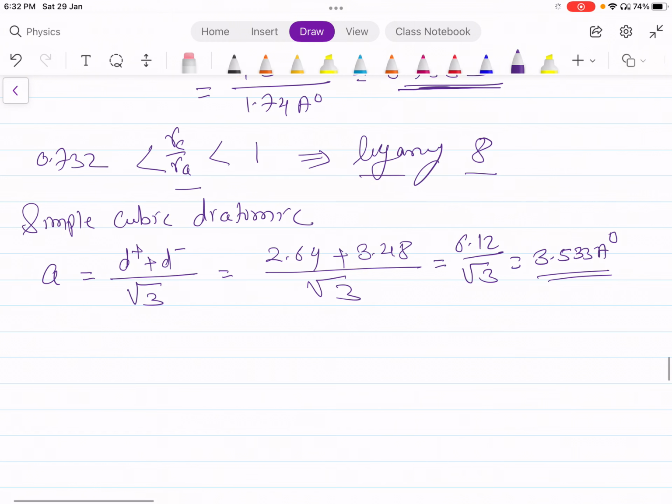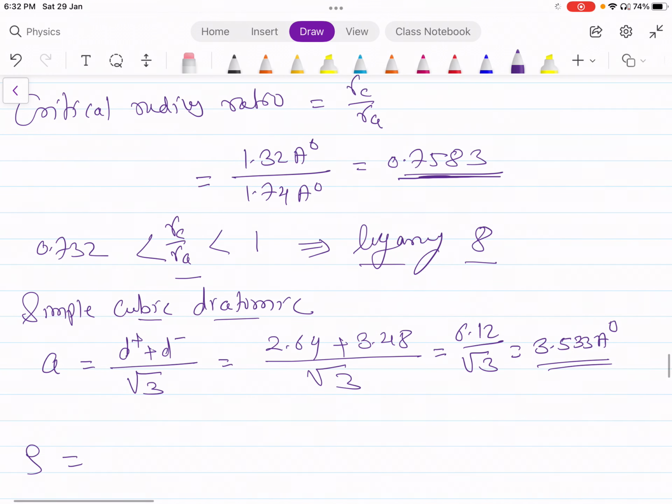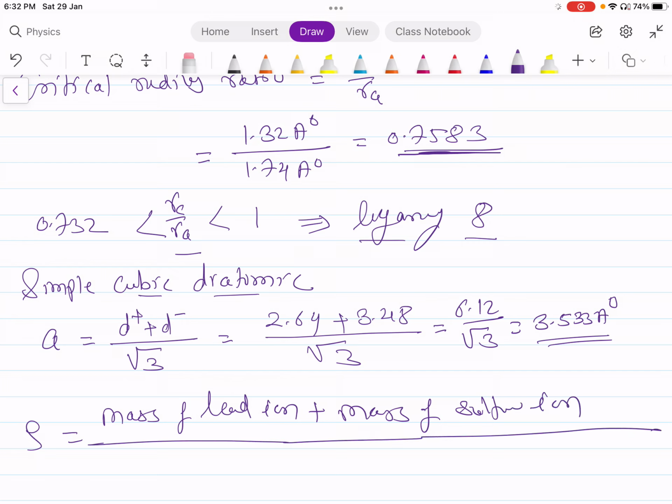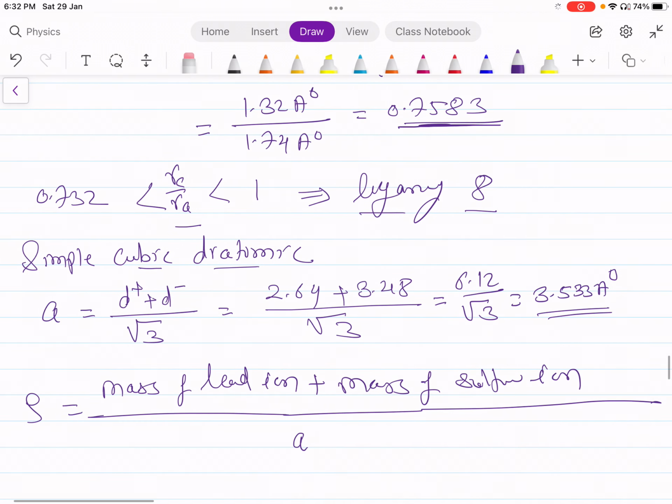So let us find density then. So density in this case, this is a simple cubic diatomic. So there is one lead ion plus one sulfur ion per unit cell. So the mass of the unit cell is equal to mass of lead ion plus mass of sulfur ion, and this divided by the volume of the unit cell, which is a cube.